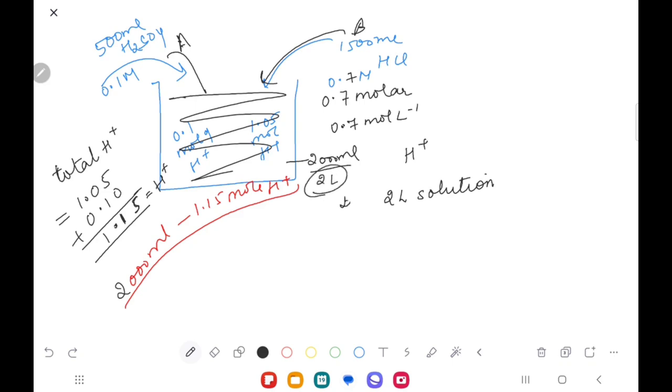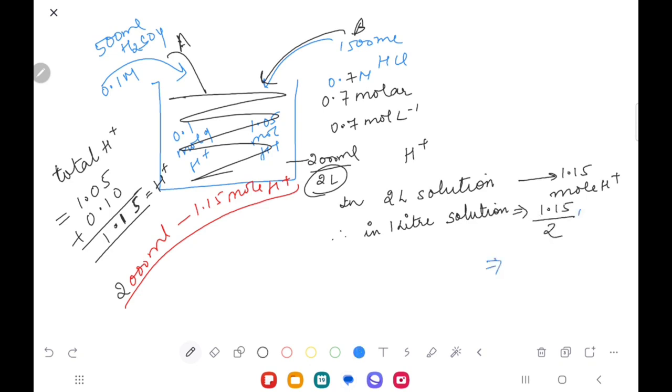So in 2 liter solution, we have 1.15 moles of H plus. So thereby, in 1 liter solution, it is going to be 1.15 over 2 moles per liter. So this is going to be my new H plus ion concentration.